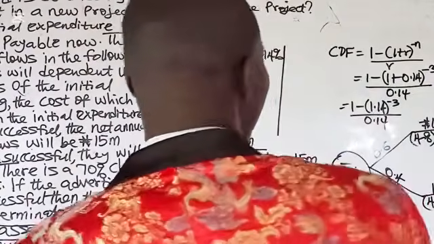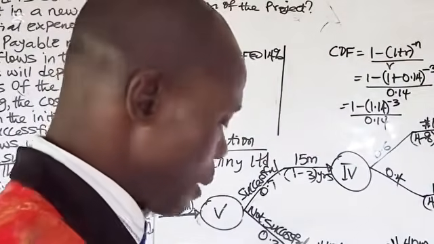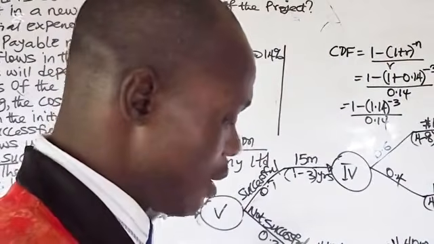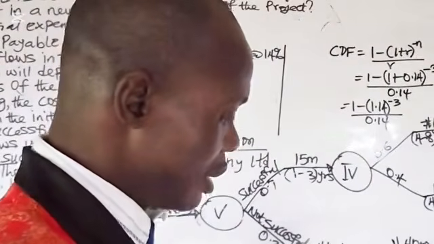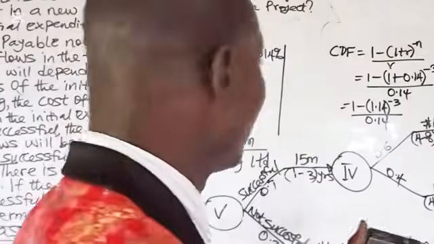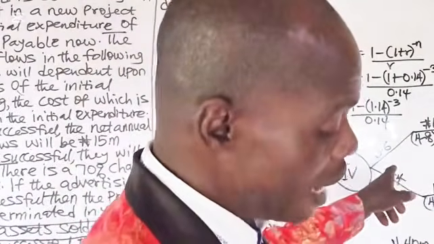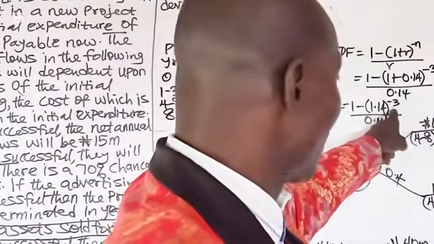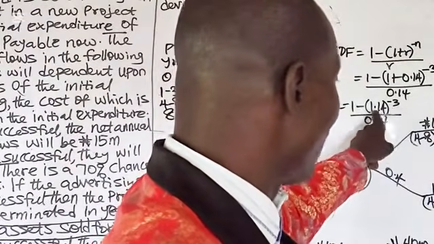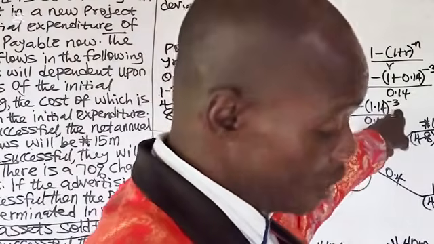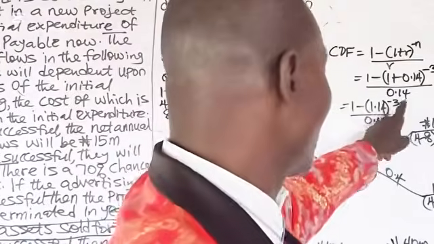You first evaluate what you have in the bracket. 1.14 raised to power minus 3 gives us 0.674971516.